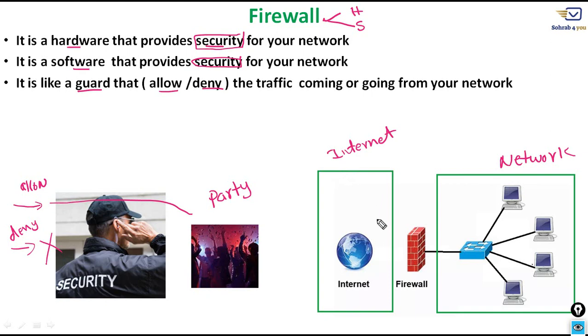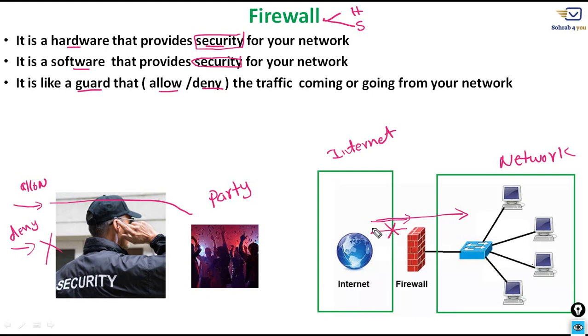When traffic is coming, the firewall acts as a guard. Stop. If the data is good, for example there is no virus and nothing related to hacking, it allows it to come. But if some packet is suspicious, not good, the firewall says, okay, stop, let me check. When it finds something against the rules and regulations of our company, it says, sorry bro, you are not allowed.